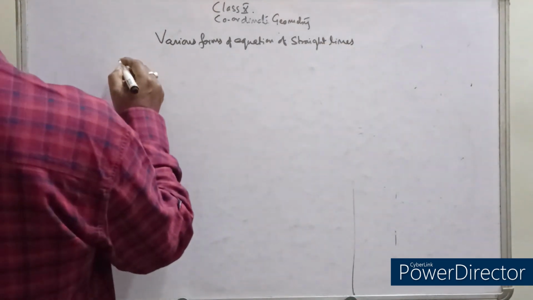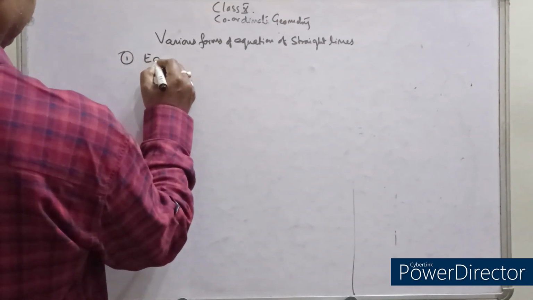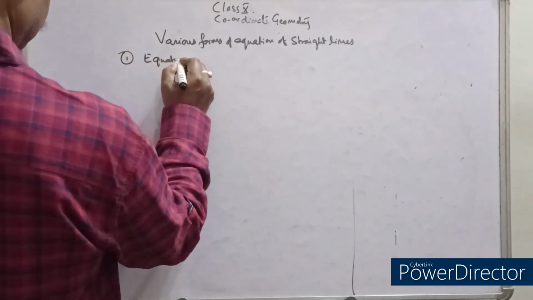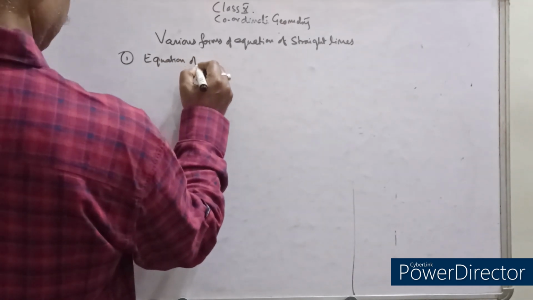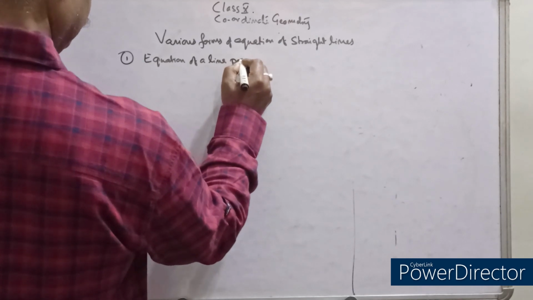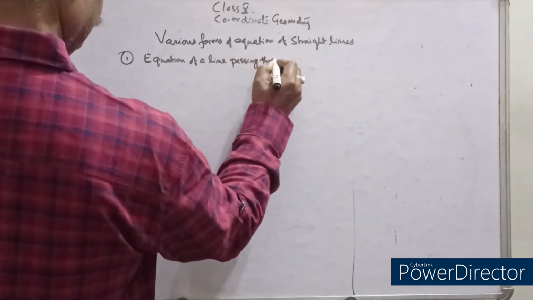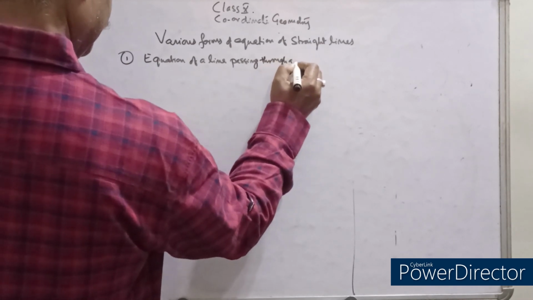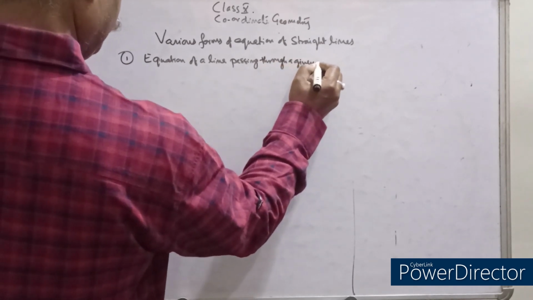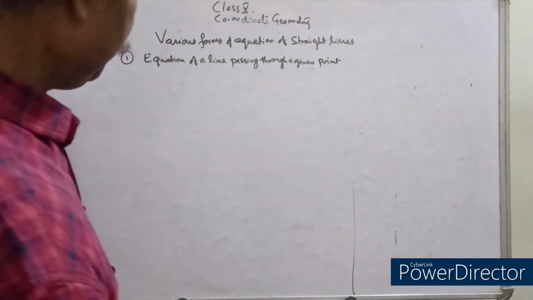Now the first is the equation of a line passing through a given point.